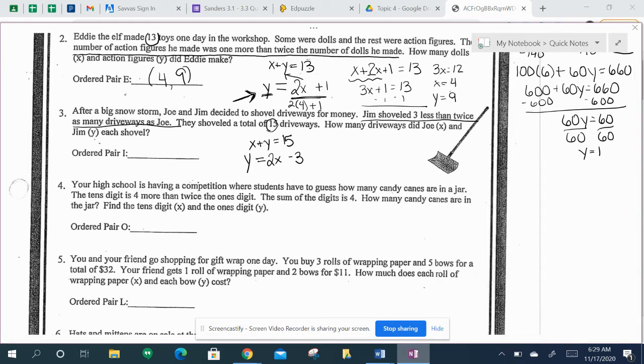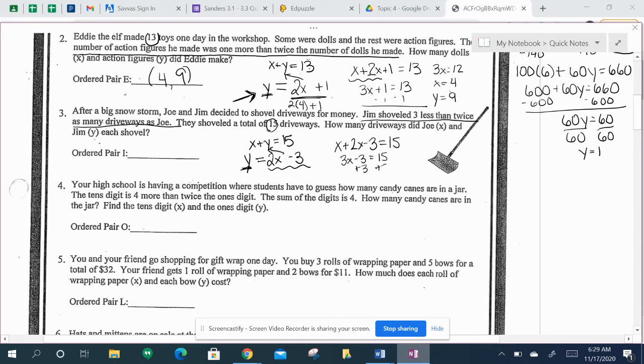So once again, this one looks like a substitution type problem because I have y by itself. So I'm going to substitute y into that equation and get x plus 2x minus 3 is equal to 15. Combining like terms, I get 3x minus 3 is equal to 15.